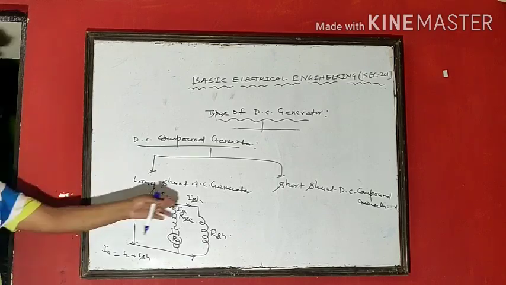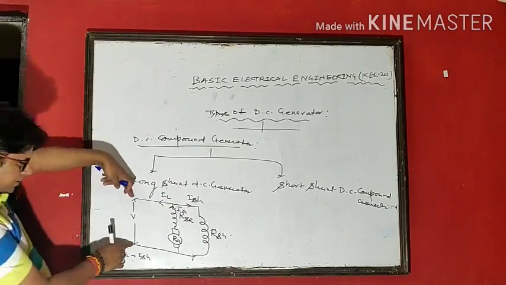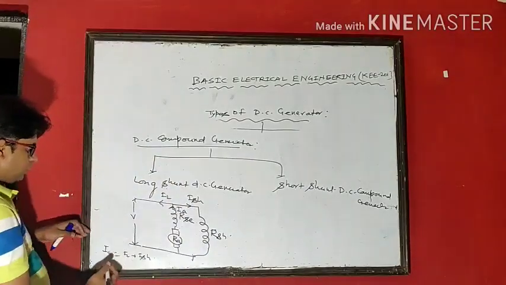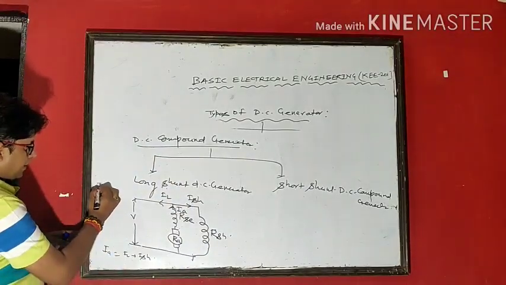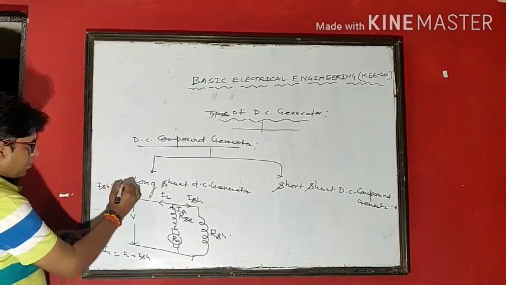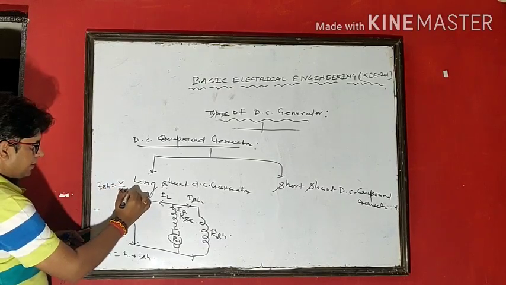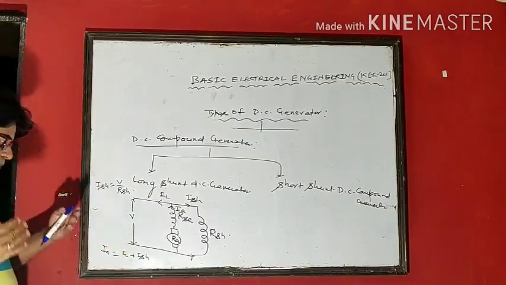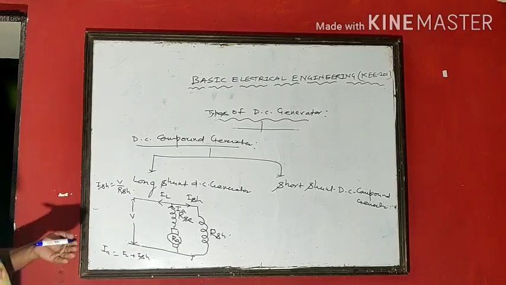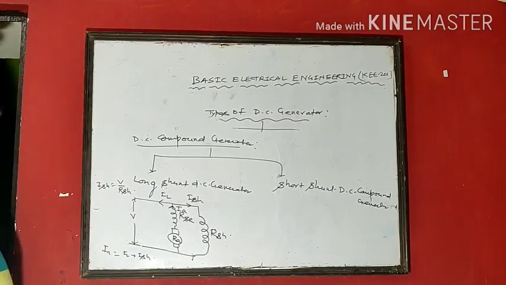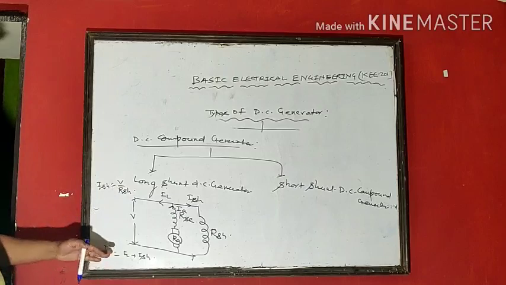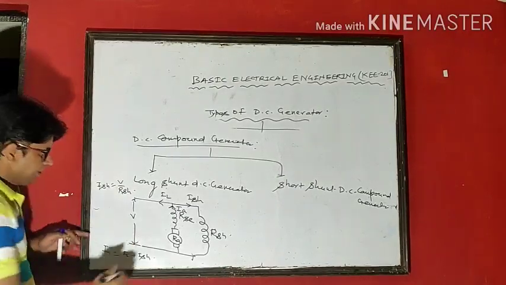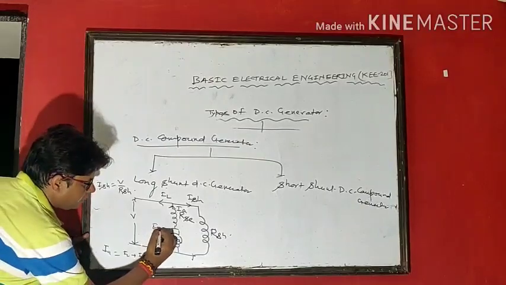And what is the value of ISH? ISH equal to V divided by RSH. And what is the value of IL? IL is the same, that is PL upon V or V upon RL. If load resistance is given, that is V divided by RL, or PL upon V, load power divided by voltage.